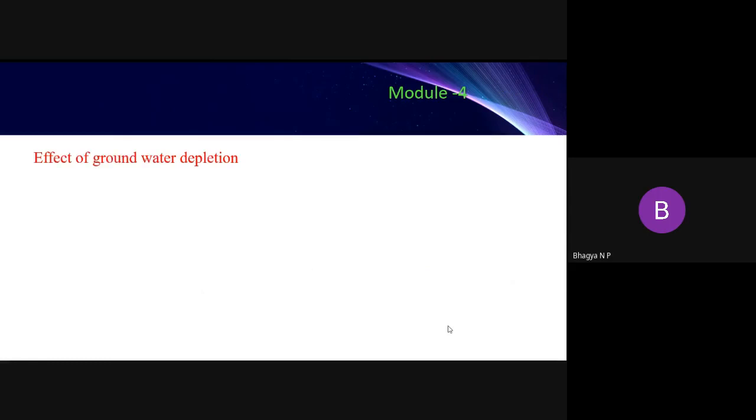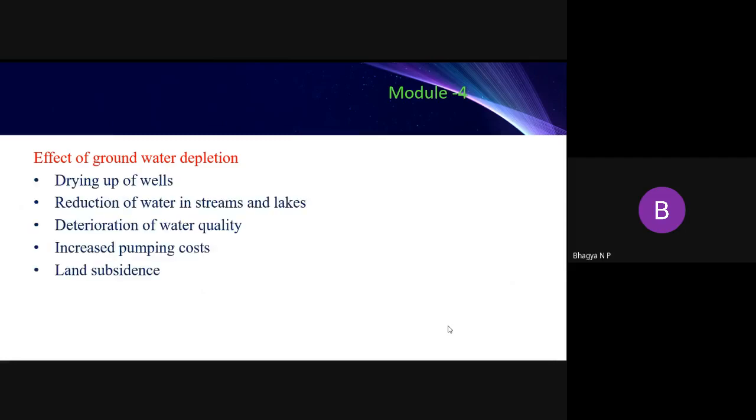Next, we'll move on to the effects of groundwater depletion. Why does the water under the earth undergo depletion? The first point is drying up of wells.